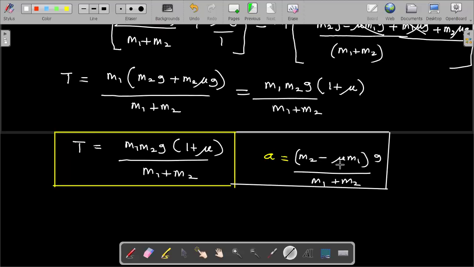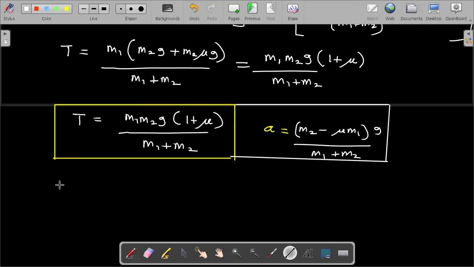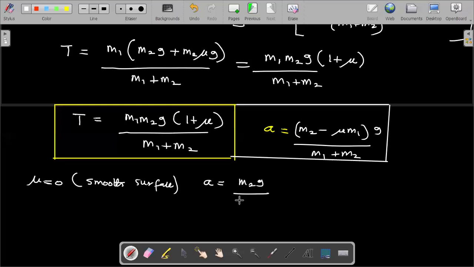If the table is perfectly smooth, it means there is no coefficient of friction, and this term becomes 0. Then our formula will reduce to, if coefficient of friction mu is 0, that is a smooth surface, our acceleration now reduces to m2g over m1 plus m2.